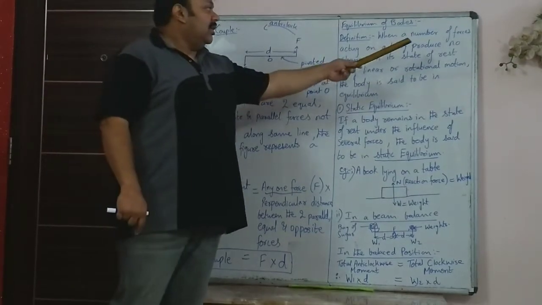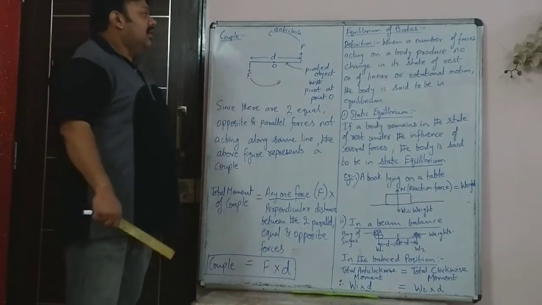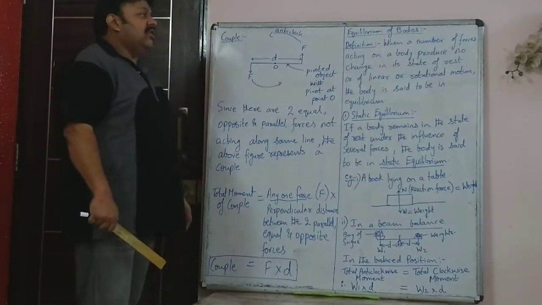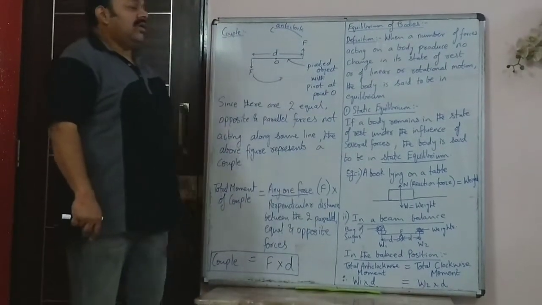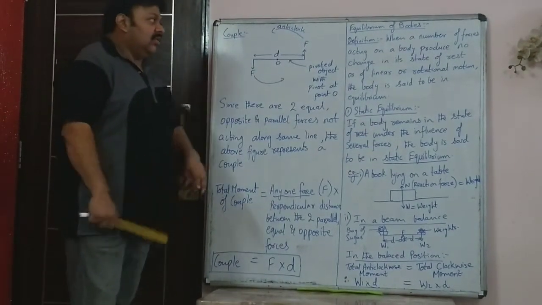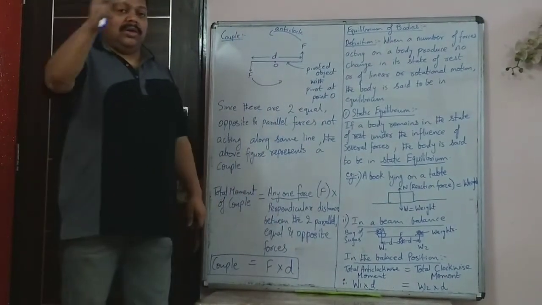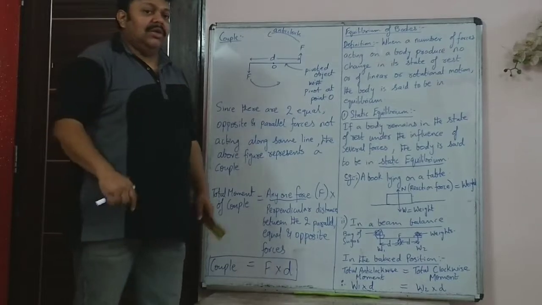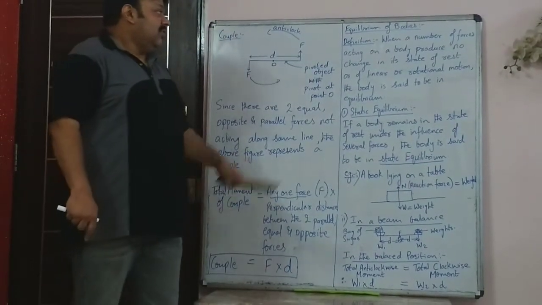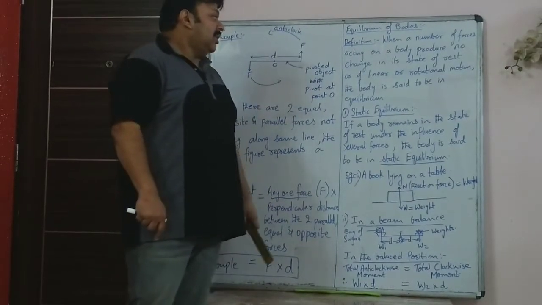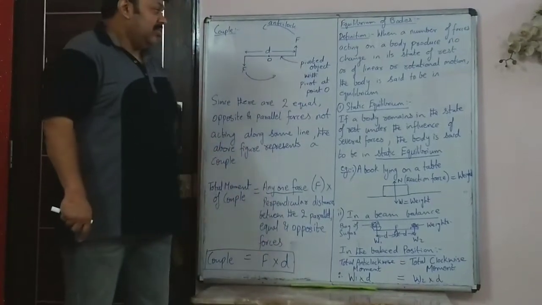The definition: when a number of forces acting on a body produce no change in its state of rest or of linear or rotational motion, the body is said to be in equilibrium. So the body may be moving in a straight line, or rotating in a circular path, or at rest. If there is no change in its state of rest or linear or rotational motion, the body is said to be in equilibrium.